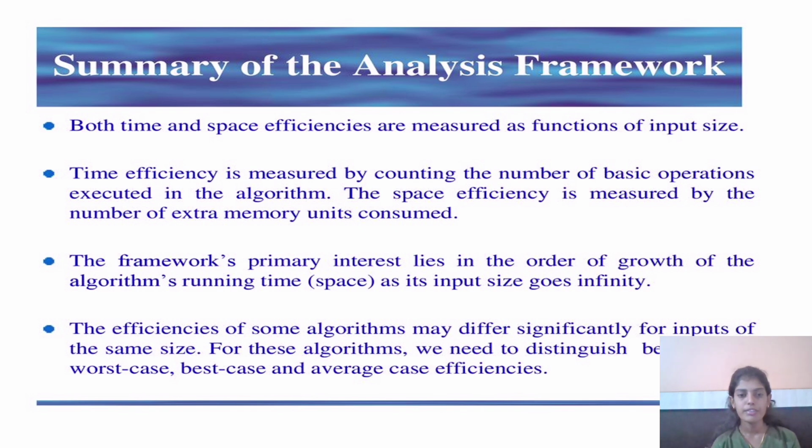The framework's primary interest lies in the order of growth of the algorithm's running time or space as its input size goes to infinity. The efficiencies of some algorithms may differ significantly for inputs of the same size. For these algorithms, we need to distinguish between the worst case, best case, and average case efficiencies.